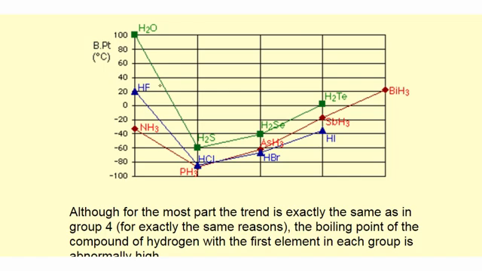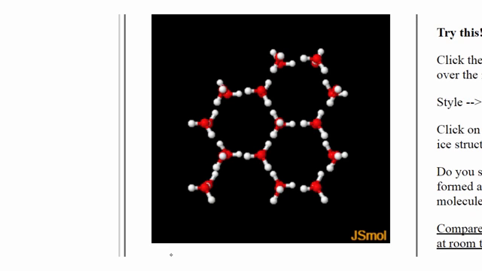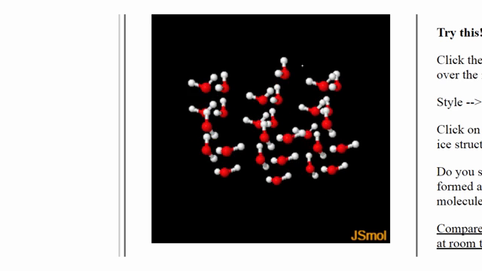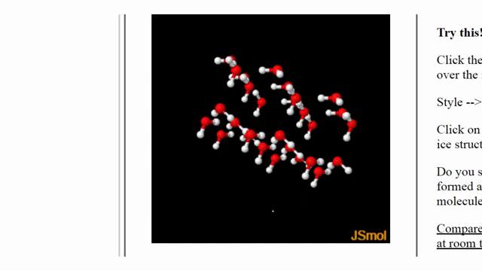The other thing is, if we look at the shape of those water molecules, this is what water looks like in the solid phase. For most substances, if we have a solid, they're going to be packed together. But water here, if we kind of turn this around and we look at this, we're always going to see that there's an oxygen of one molecule near hydrogen of another.